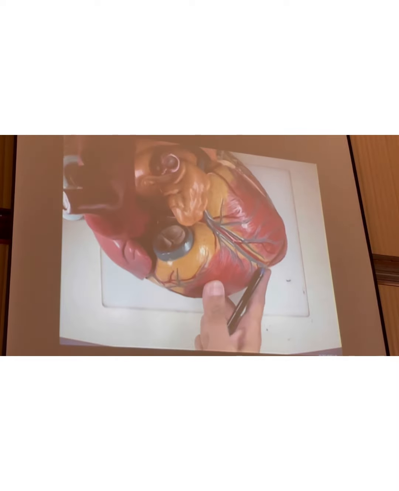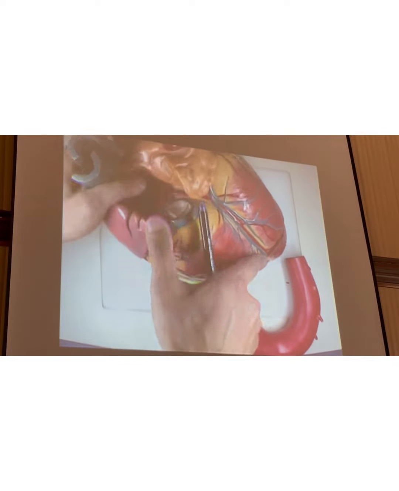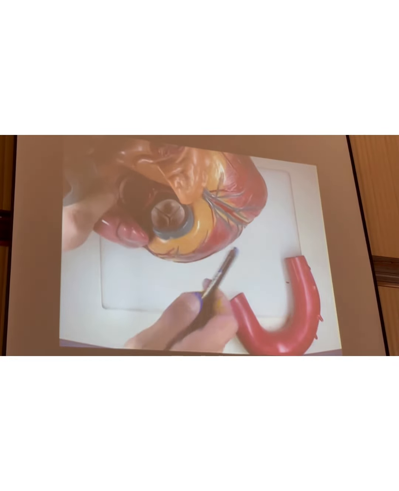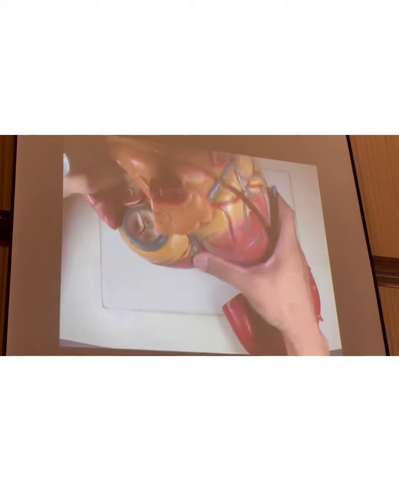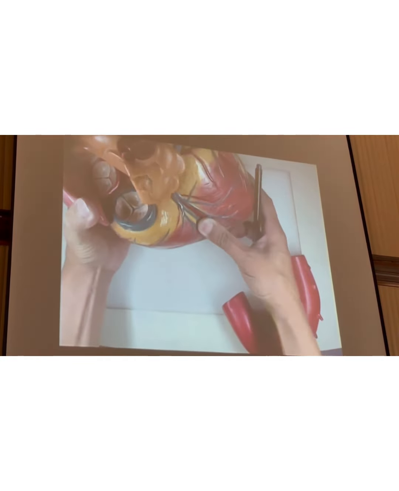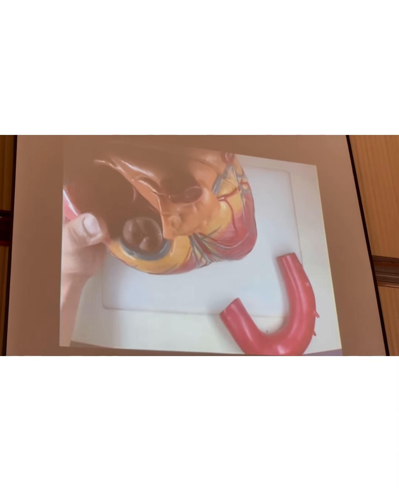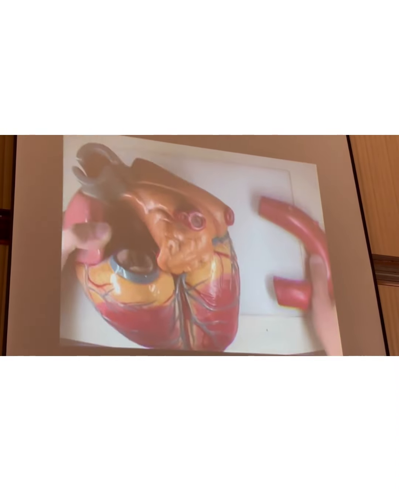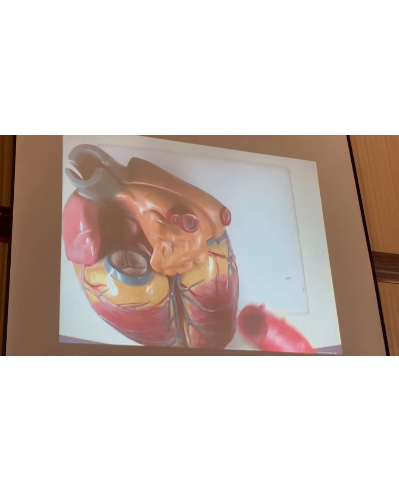This arrangement is for the pulmonary. We have 2 anterior, 1 posterior. Clear? 2 anterior, 1 posterior. So, this is regarding the chamber structures of the heart itself.